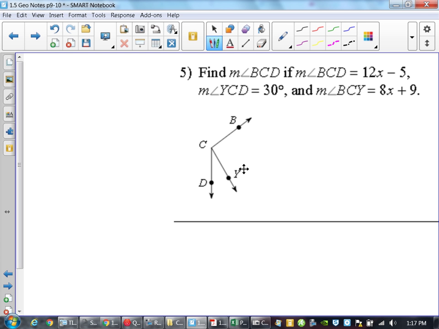Short here, so let's see, this much was 30. So y is 8x. So 8x plus 39.